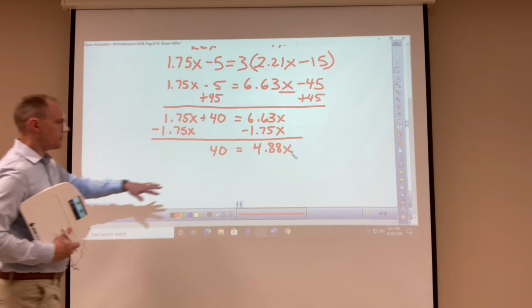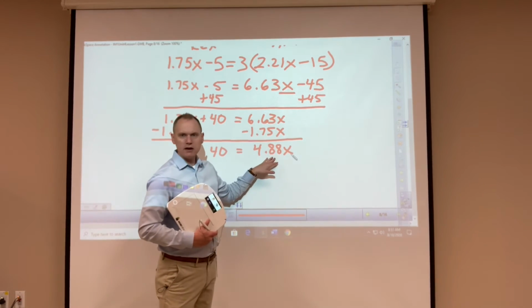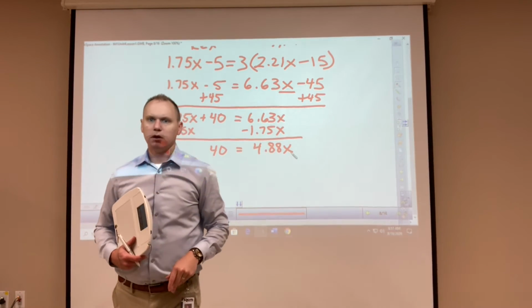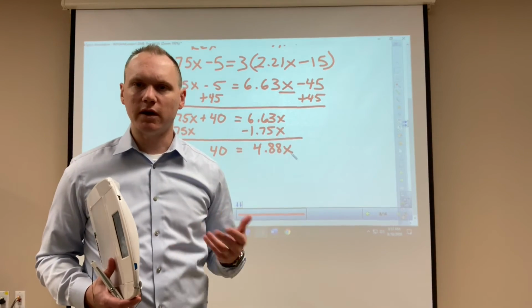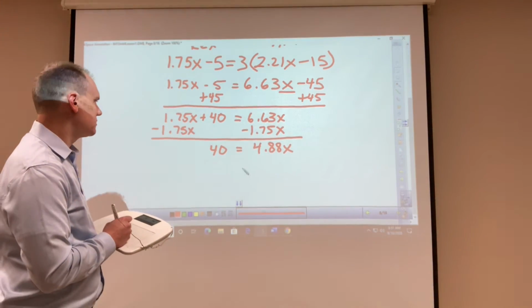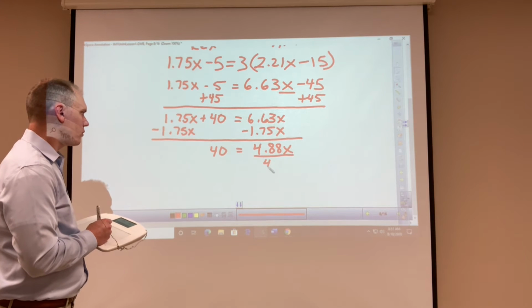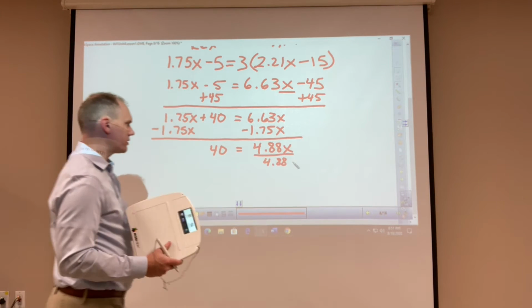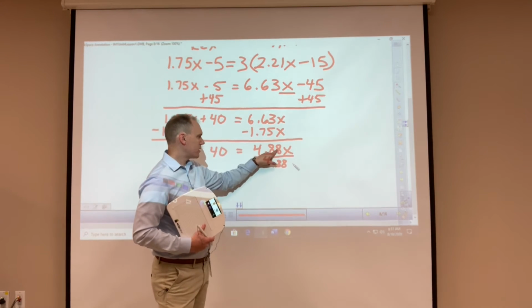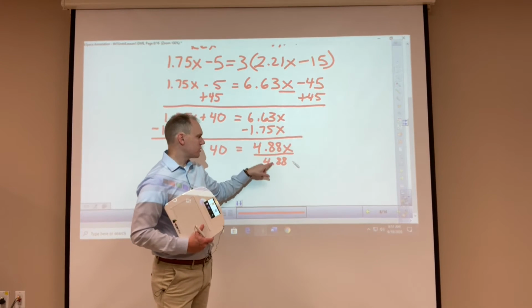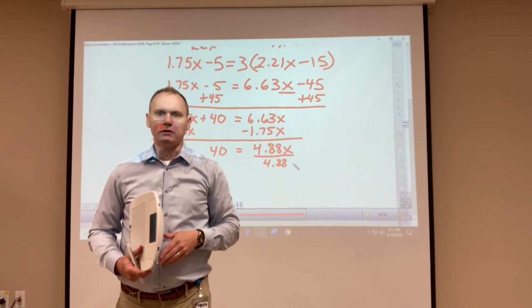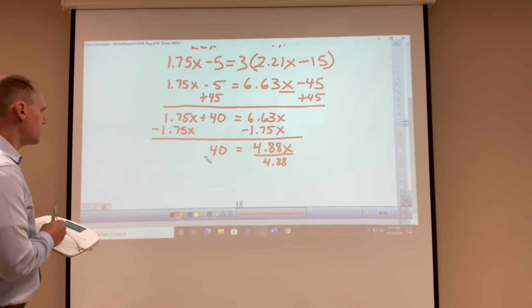And so we want to divide by 4.88 here to get x by itself. I know it's a little bit harder to conceptualize when we don't have an integer value of x there, but we can still divide by 4.88. It's the inverse operation of multiplication, right? It's 4.88 times x. So to undo that, we're going to do the inverse operation, which is divide. So we're going to divide by 4.88 on both sides.